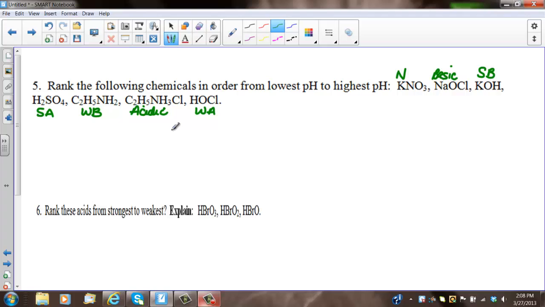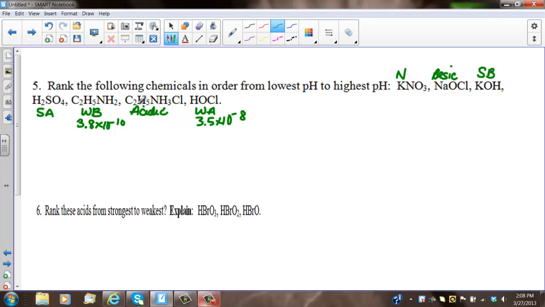What do we know? Well, we know HOCl is 3.5 times 10 to the negative 8th. And this is table 14.2, and then 14.3, we know that this is 3.8 times 10 to the minus 10. Okay, we know this is a strong acid, we know this is a strong base, we know this is neutral, and now we have these ones in between.